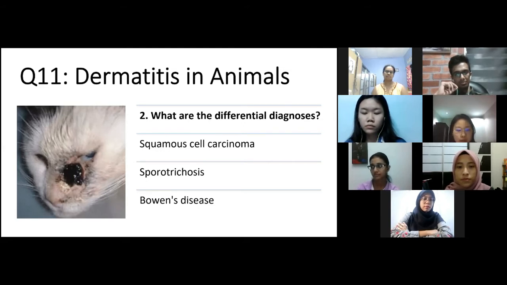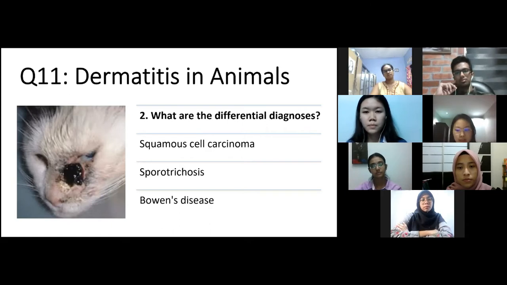Next, we suspect sporotrichosis, especially the lymphocutaneous form. It is the most common fungal infection in cats. The lymphocutaneous form of sporotrichosis appears as small, firm dermal to subcutaneous nodules, 1 to 3 centimeters in diameter.